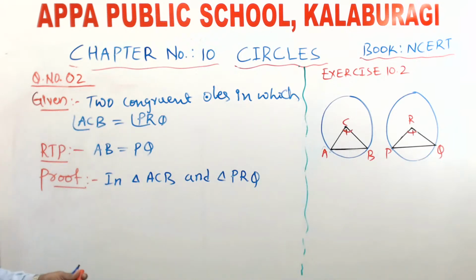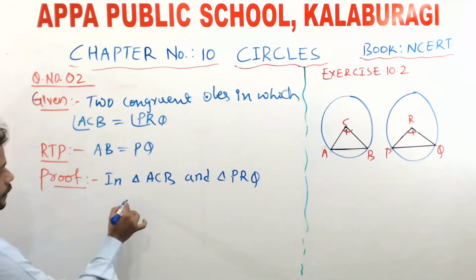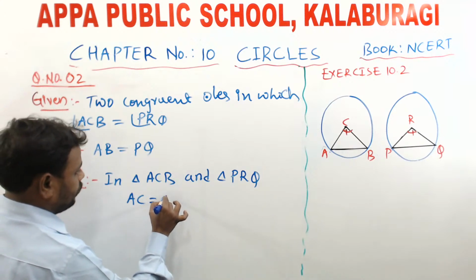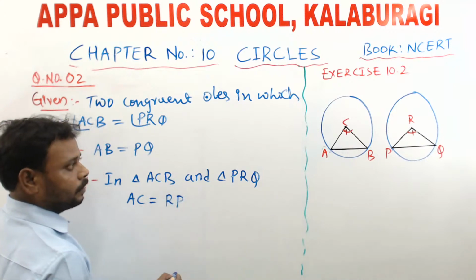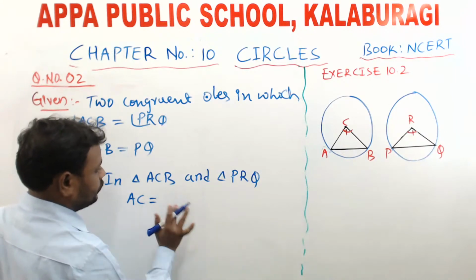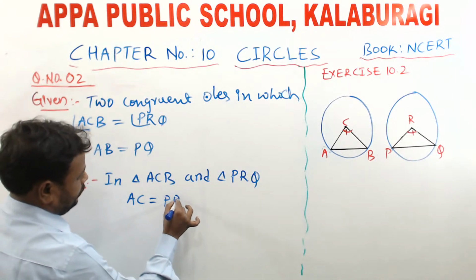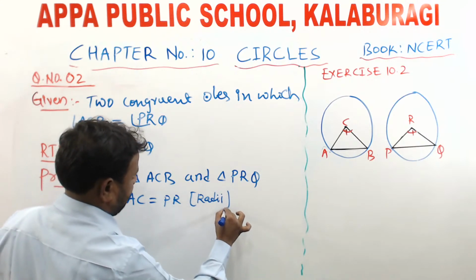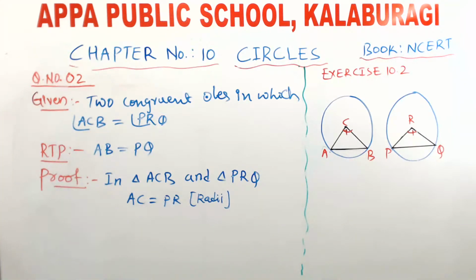Next, AC is equal to PR, radii of the congruent circles.